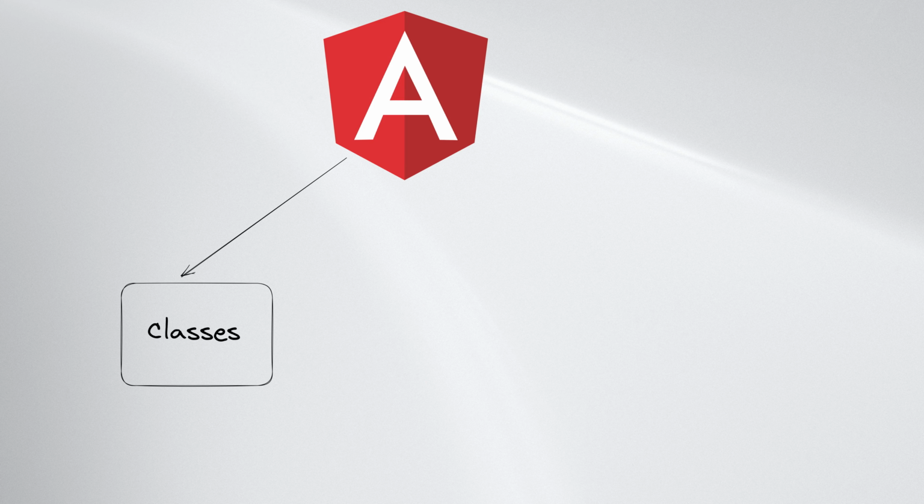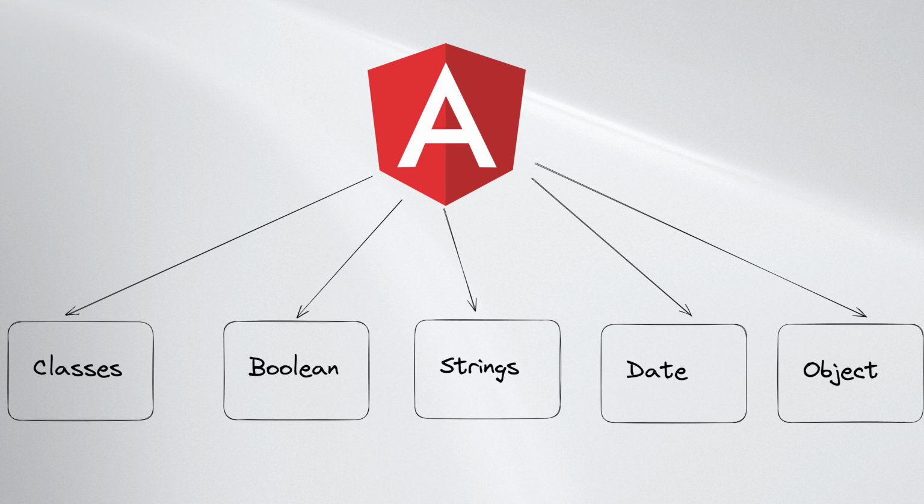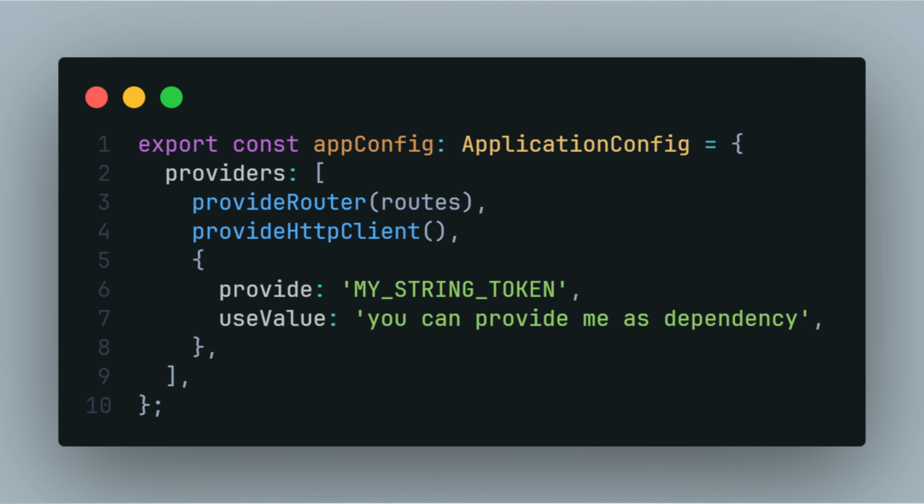So Angular not only allows you to inject class instances, it also allows you to inject booleans, strings, dates, and objects as dependencies. So there are other properties in this providers array which allow you to inject different types of values as dependencies. The third property we have is useValue. Let's say you want to provide a string value as a dependency in your application.